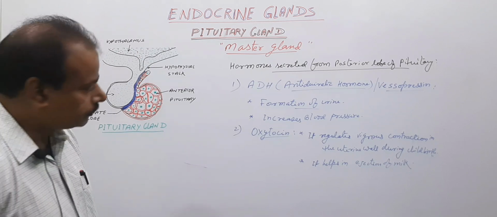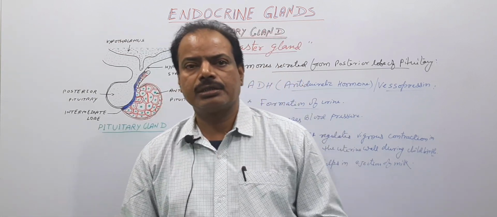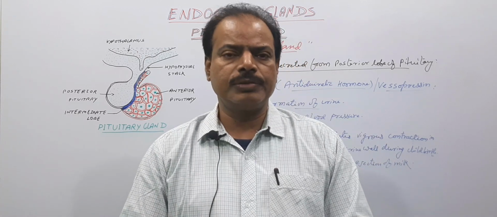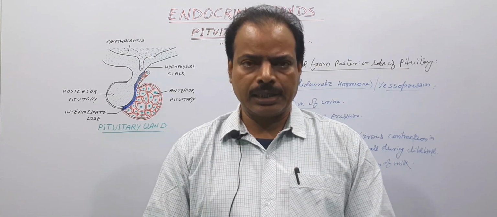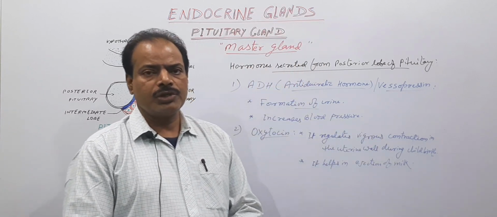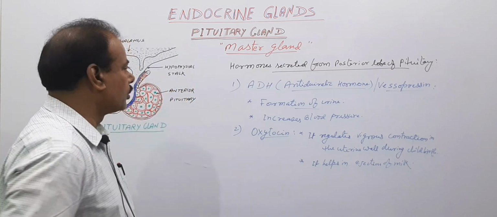So here, the pituitary gland is the gland which controls activities of endocrine glands by stimulating or tropic hormones. What do you mean by tropic hormone?